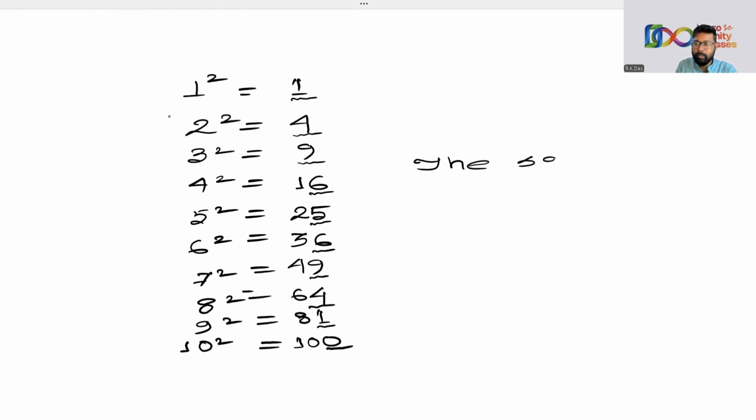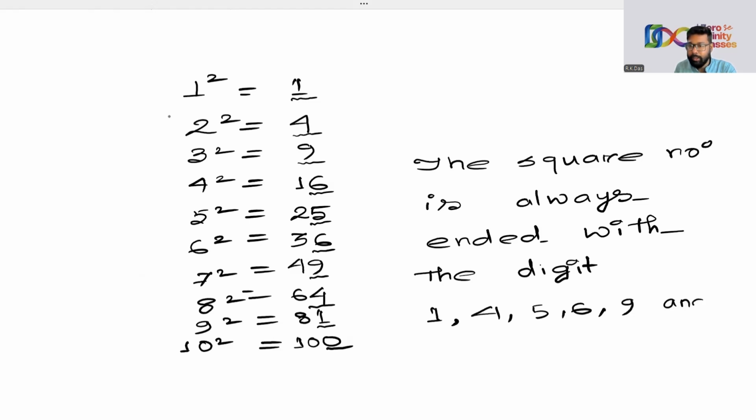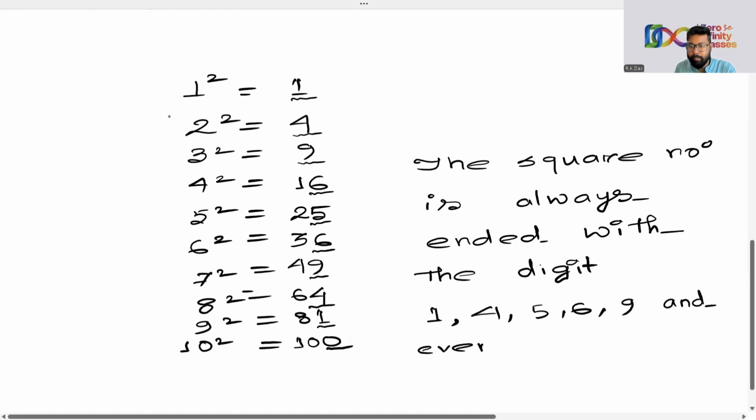the digits 1, 4, 5, 6, 9, and an even number of zeros.